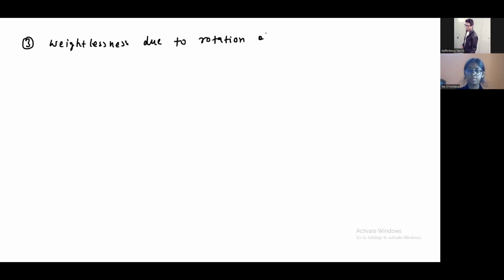rotation of earth. If anyone asks you when you feel a weightless condition, we can say g dash is equal to g minus omega square r cos square lambda. Here g dash will be 0, then we consider it the weightless condition, because g is not 0, g dash is 0.